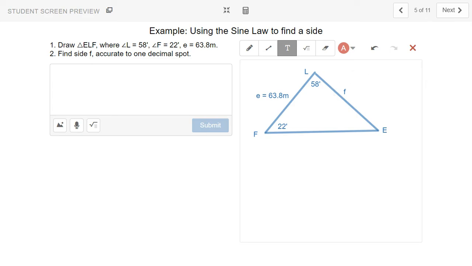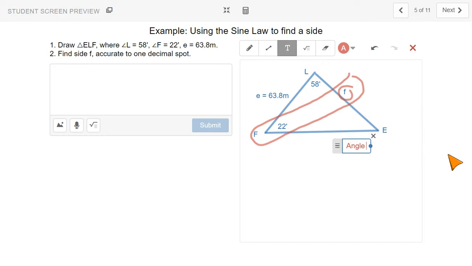So I need to find F, and so I know that F is going to be one of the pairs that I'm interested in. I don't have a complete pair for L, but I know that I can find E easily.